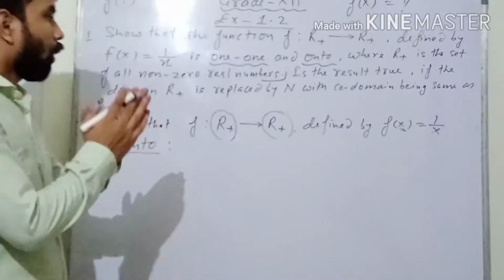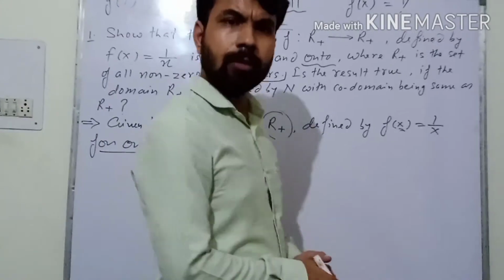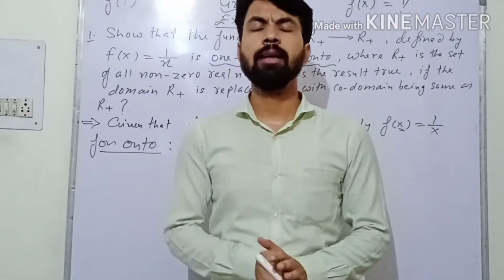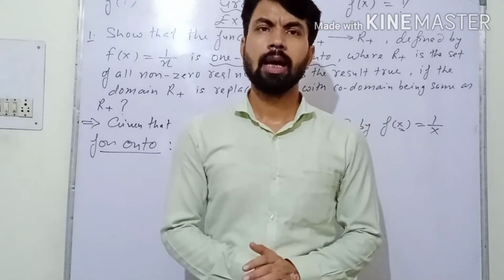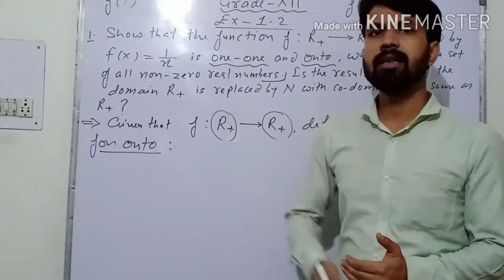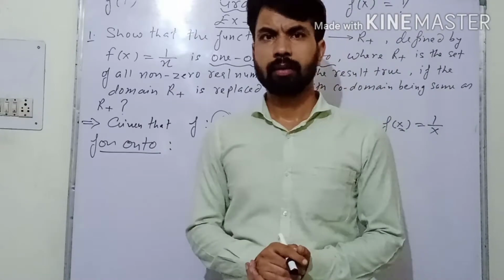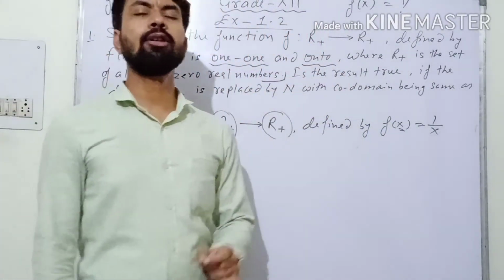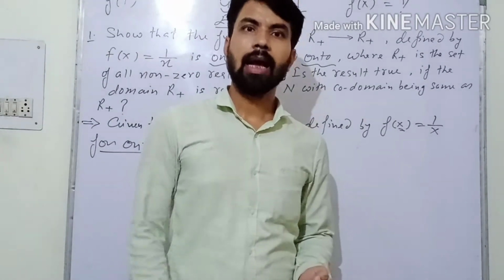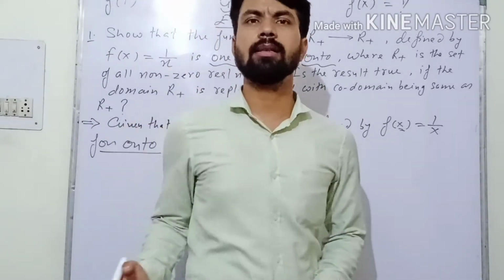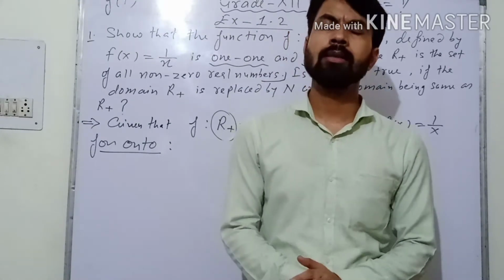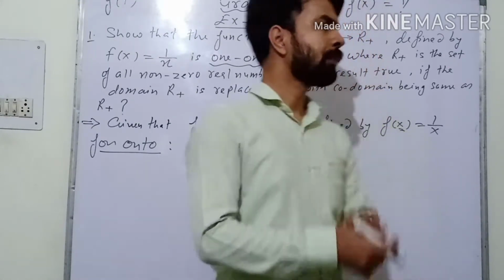What is the definition of onto function? See, onto functions are those functions in which every element of its codomain has pre-images in its domain. If every element of its codomain has its pre-image in its domain, then the function is known as onto function.